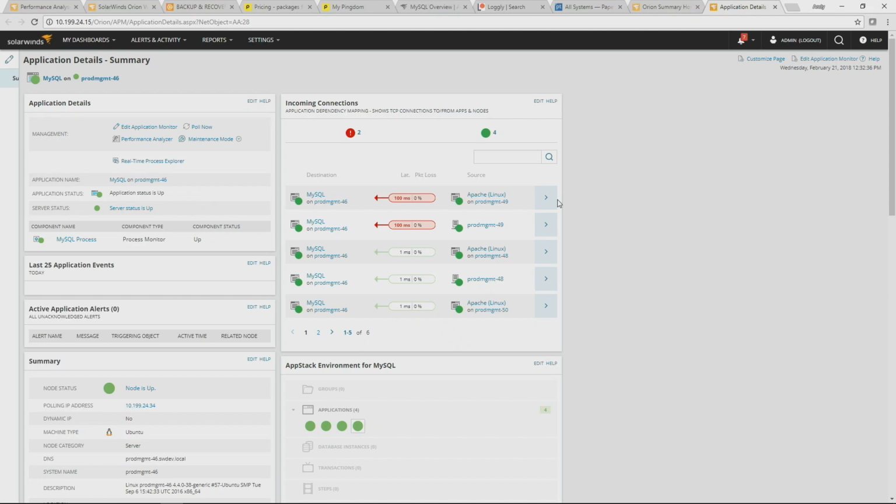Those of you familiar with NetPath, very similar concept in terms of identifying what is the actual port that you're trying to establish the communication on, and doing that synthetic probe to measure the response time and the hops that are happening. Same basic principle applies here, where we're understanding what is that port that the communication is actually happening on, and then doing a synthetic probe just to say, okay, what is the latency and packet loss between those two.